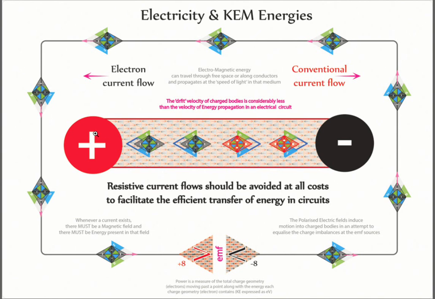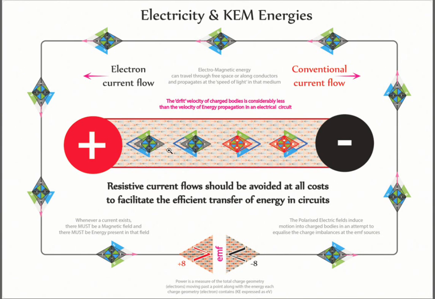But again, noting that the electrical field flows first, nearly instantaneously, as it seeks equilibrium, and once it's established, it's the energy momenta of the electric field that creates the motion of the charged particles in the conductor, and these particles move considerably less than the speed of the electrical field because they have larger inertial mass matter geometries.